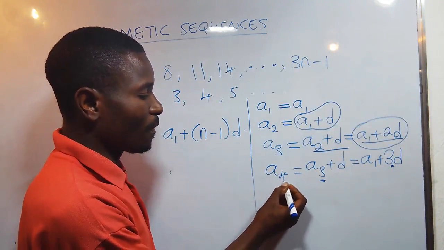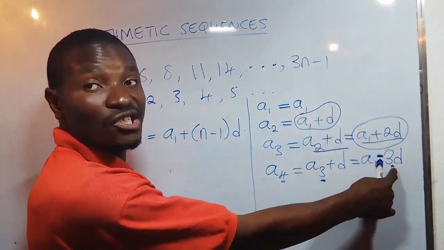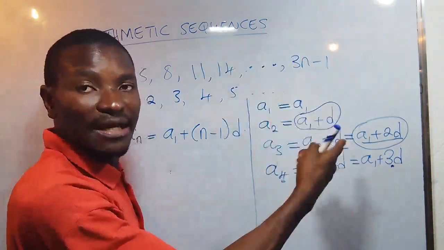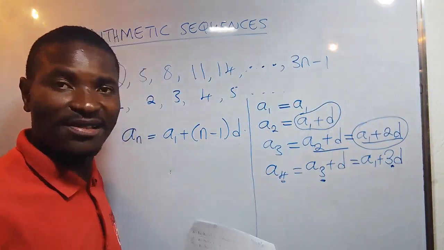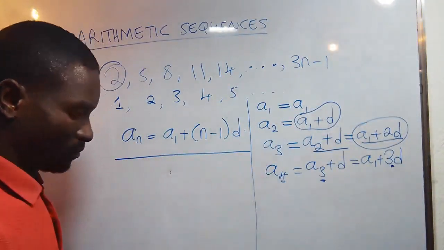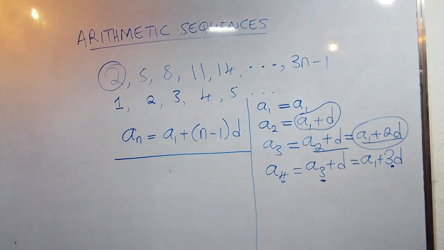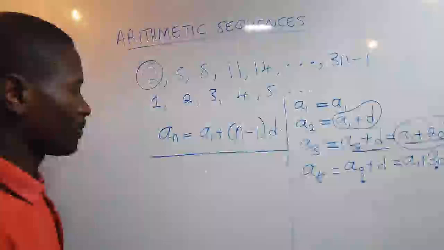So when I'm looking at the fourth term, then the coefficient of D should be less than that term. So what's happening is this, guys. This is what is happening, okay.